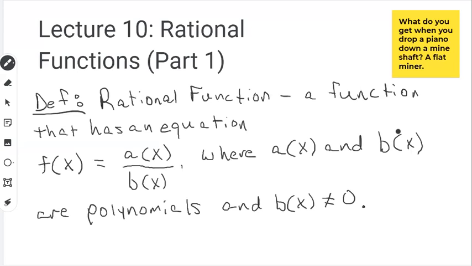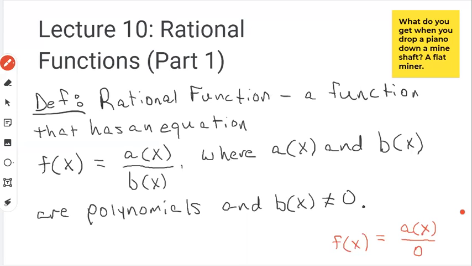Now, why can't b of x be equal to 0? Well, imagine if you replaced b of x at the bottom with a 0. What would happen? You would essentially get f of x equals a of x divided by 0 if I just let b of x be equal to 0.